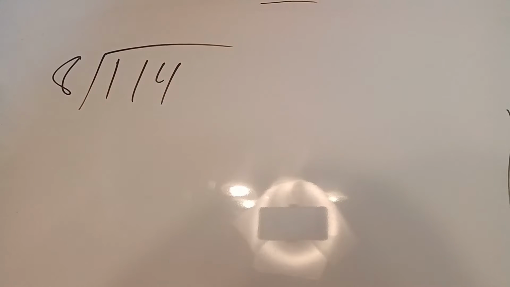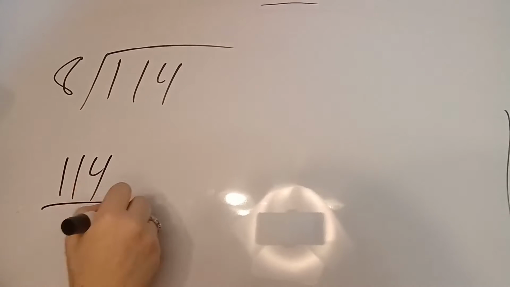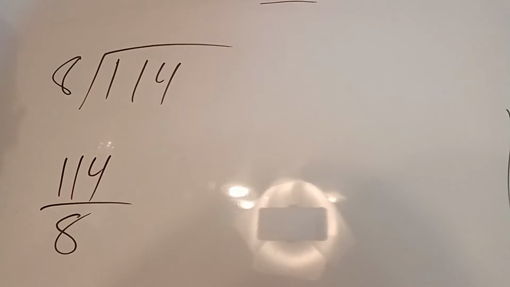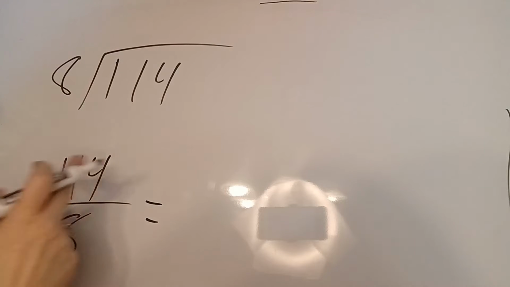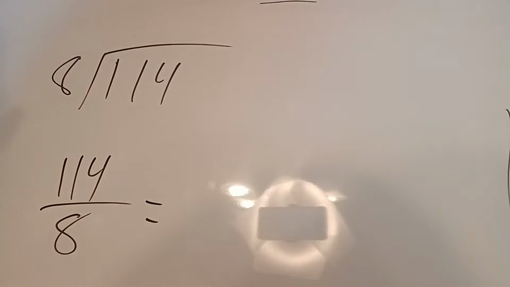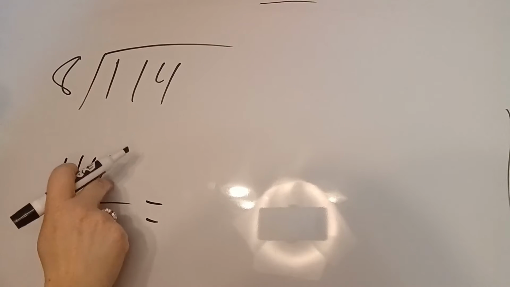Okay? Instead of writing it this way, I'm going to write it this way, 114 divided by 8. So I go, okay, 100 is big, right? So let's say 10. Let's take 80 out of there.